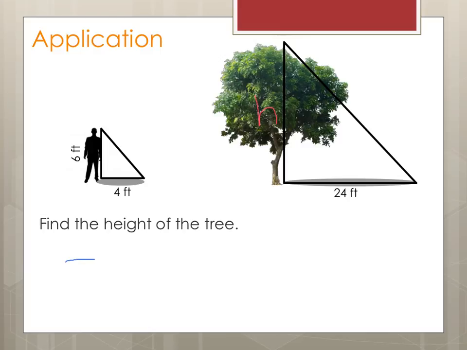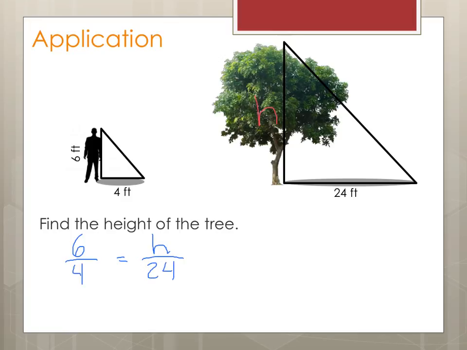Two fractions. This one on the left is going to be the man, and this one on the right is going to be the tree. And we'll make sure that corresponding sides match up. So the man is 6 feet tall, and that's going to correspond to the unknown height of the tree, H. Now his shadow that he casts is 4 feet long, and that should correspond to the shadow of the tree, which is 24 feet long.